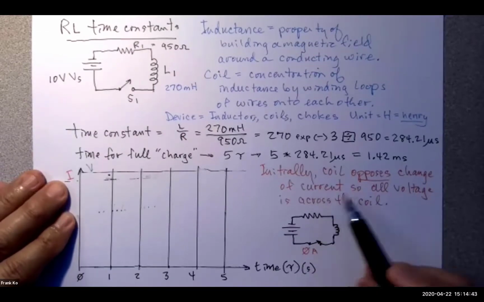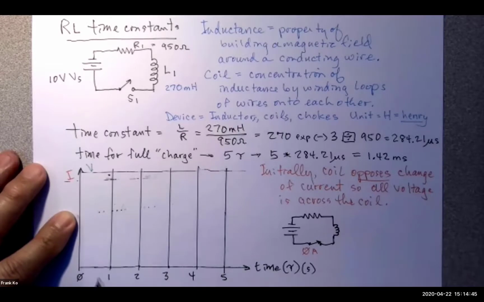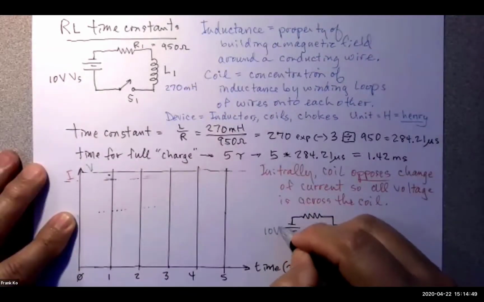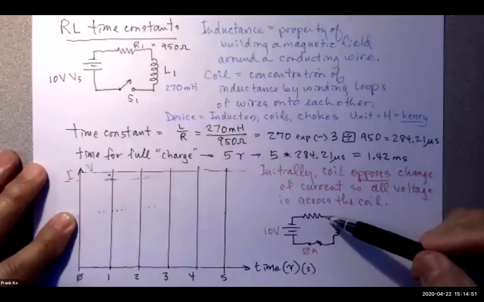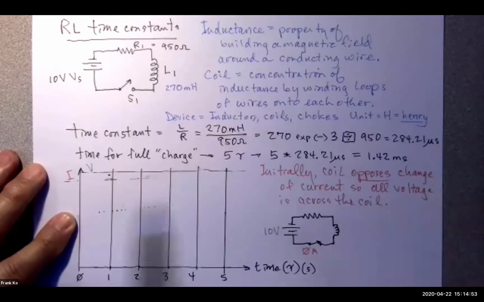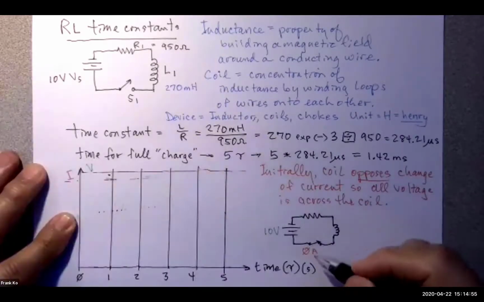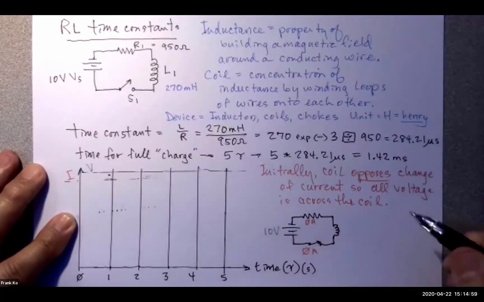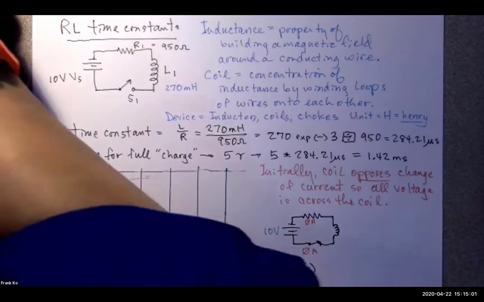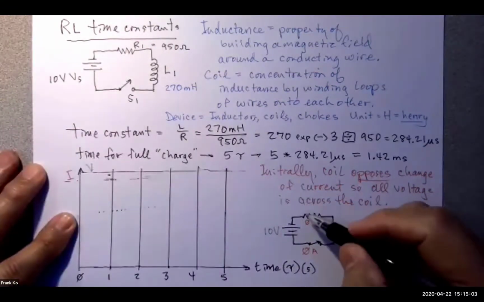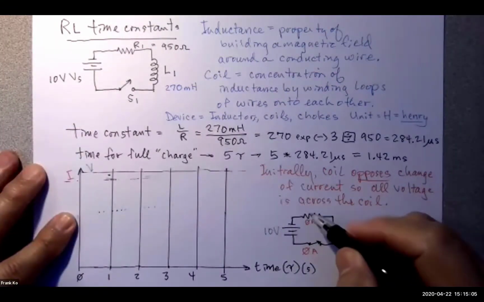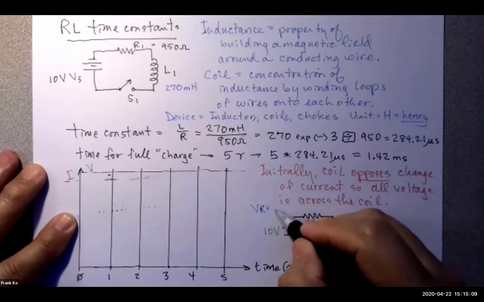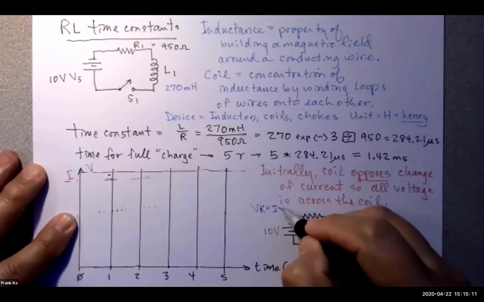So if it opposes any change of current, whatever I start off with voltage over here, if I have 10 volts over here, do I have any current flowing through the resistor? No. I have 0 amps here. I have 0 amps here. What is my voltage across the resistor at this particular moment? My VR, isn't that equal to I times R?